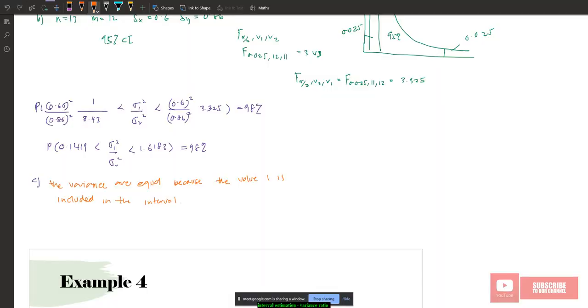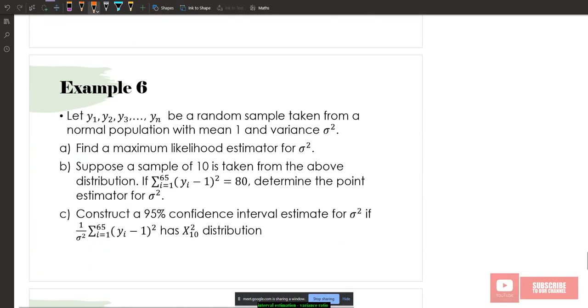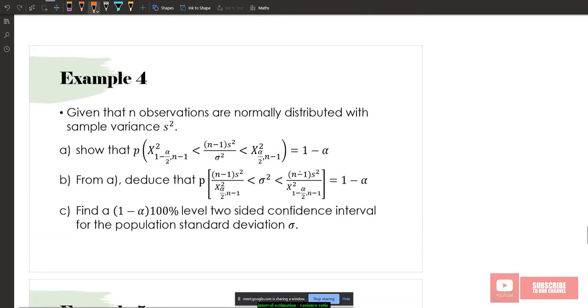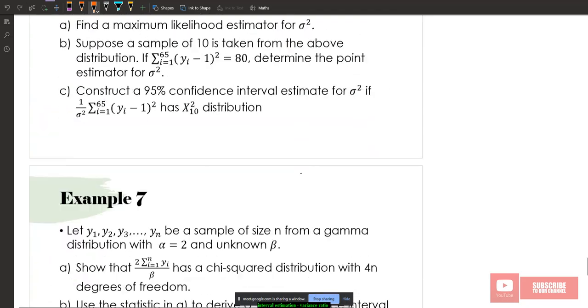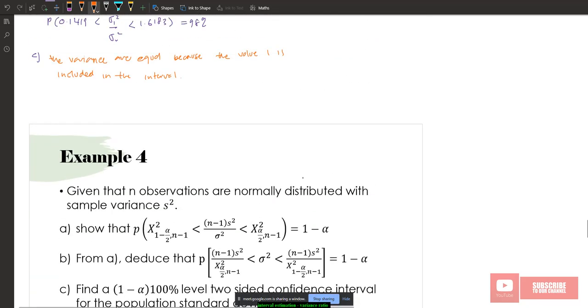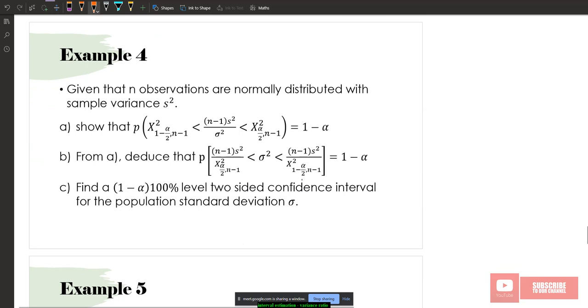Alright, good. So I have another example, right? Example number 4, 5, 6, and 7. This example is just revision, right? So do you want to continue or end here? We continue next week.